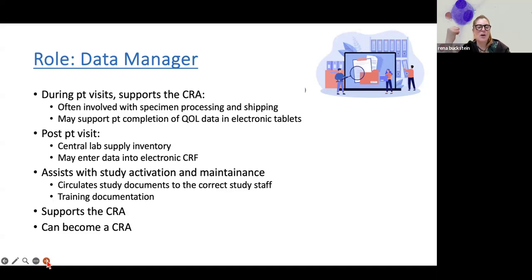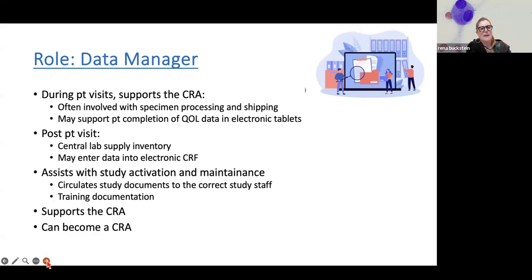Make sure that the study documents are up to date, the consent forms are up to date, and that the right study staff are giving the right forms to the patients, that they're not giving them a consent form that's 6 months out of date. And they will also maintain training documentation so that everyone who's on the delegation log has been appropriately trained on the protocol.